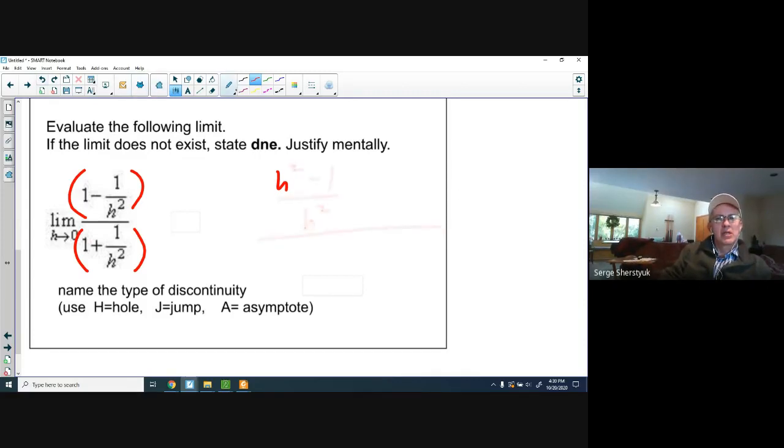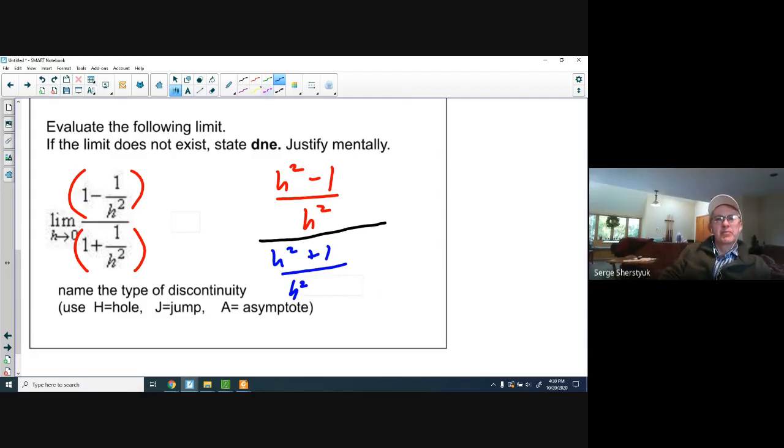So that's my numerator. My denominator is the common denominator here, h squared plus 1, divided by h squared. I want to leave this little box because I see that's the answer box.